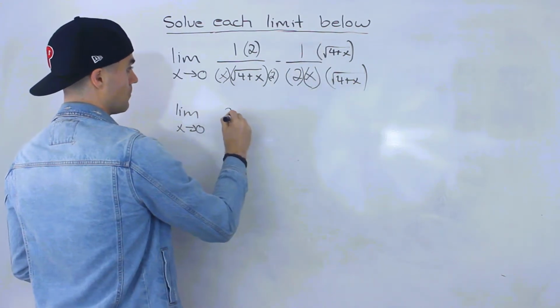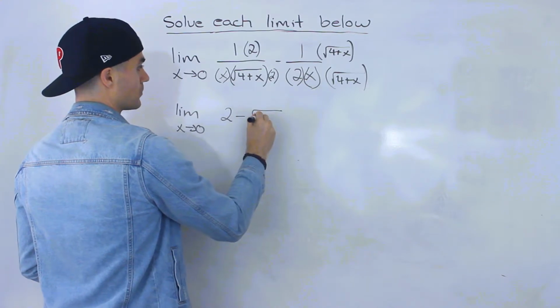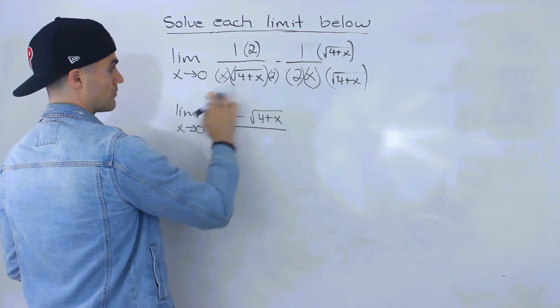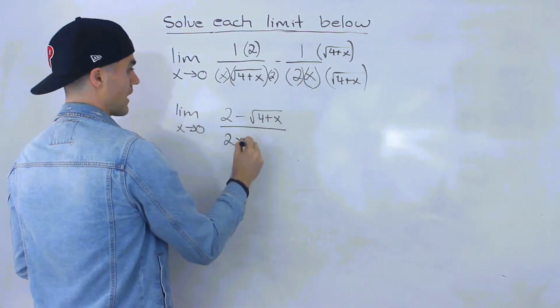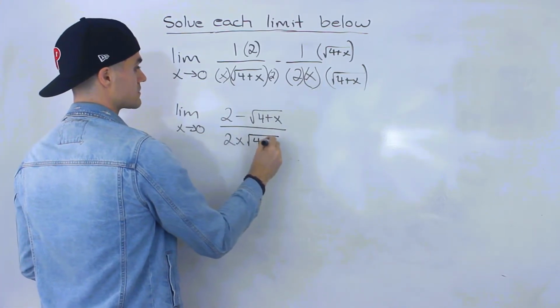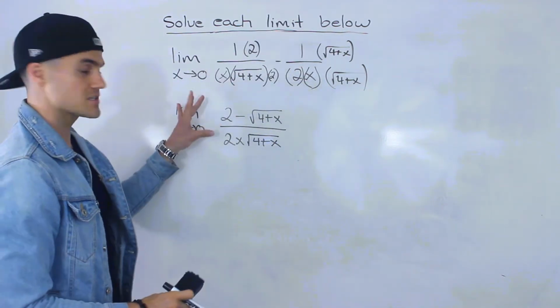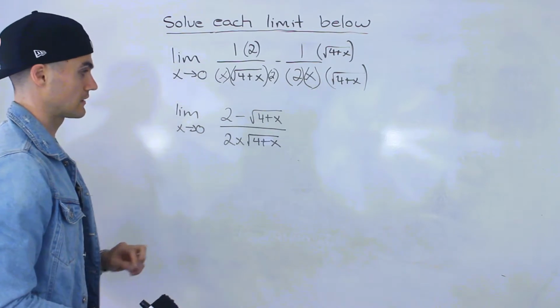So we'll have 2 minus root 4 plus x in the numerator over, combining these three factors, 2x and then root 4 plus x. Like that. So we took those two fractions and made them into one fraction.